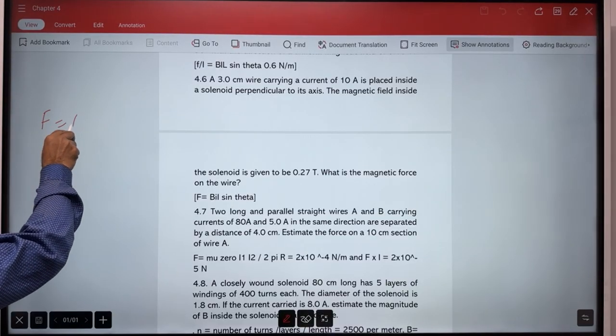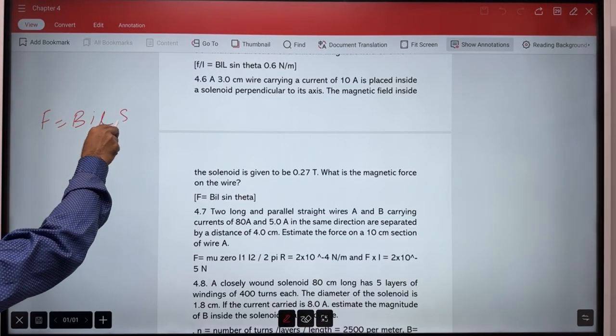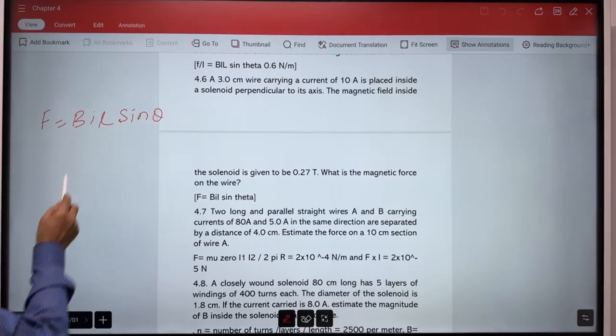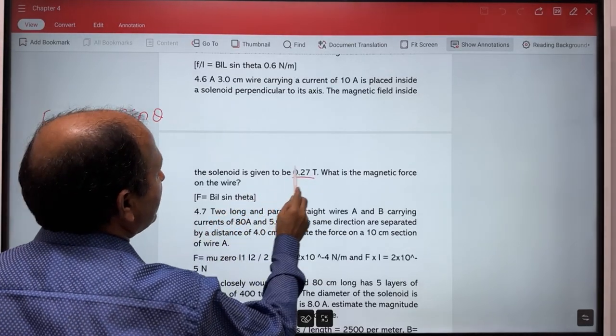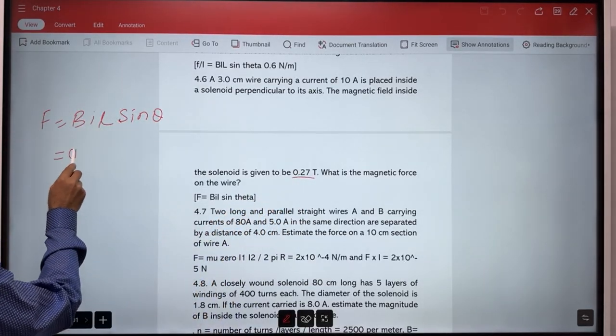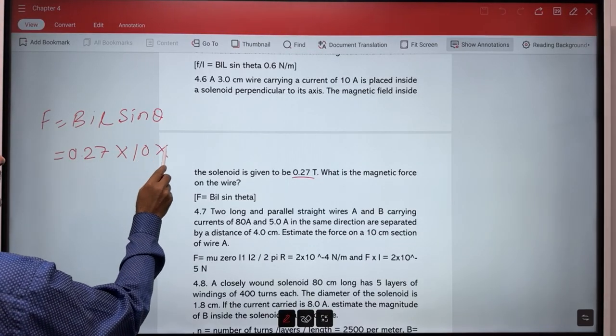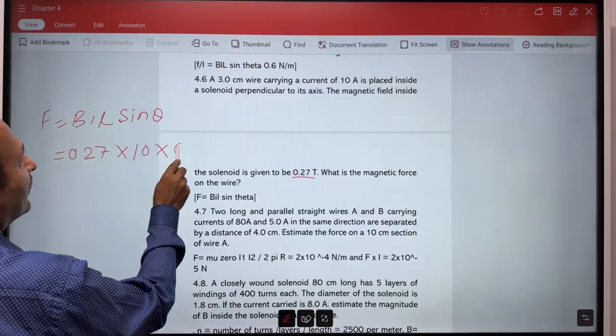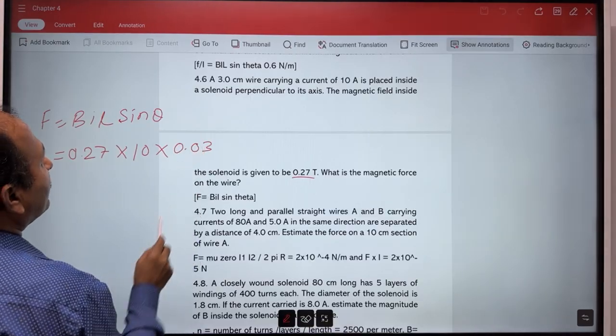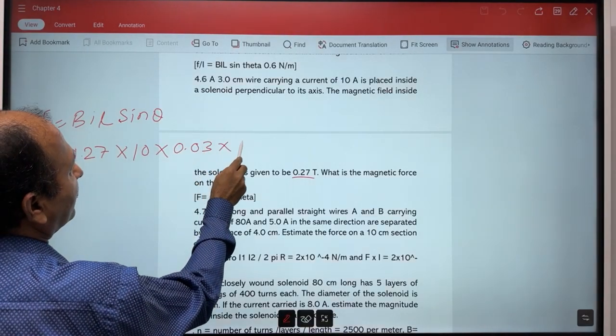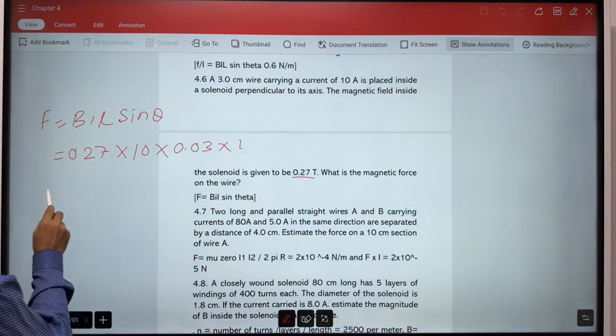So F equal to BIL sine theta. B is 0.27, so 0.27 into current, which is given as 10 ampere. The length of the wire is 0.03, and sine 90 degree. Sine 90 is 1.